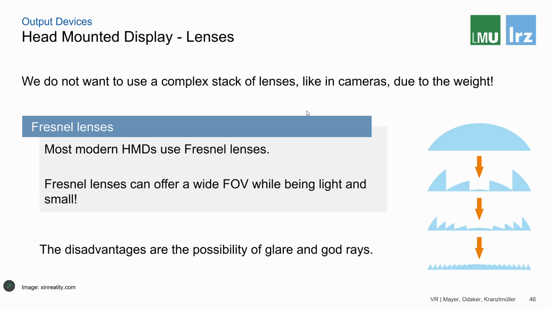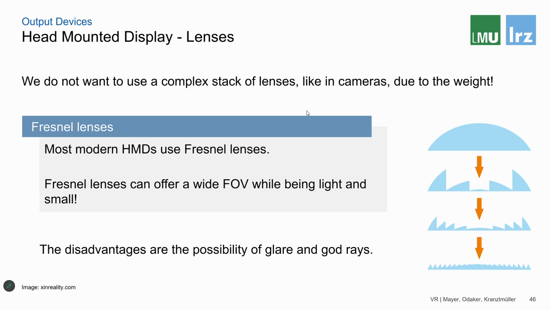And that is by approximating the curvature of the lens in little pieces. So you can see on the right how a Fresnel lens is designed. You take the lens that you actually want, and then you take out the solid bits in the middle and just leave the curvature on top. And you get this lens.